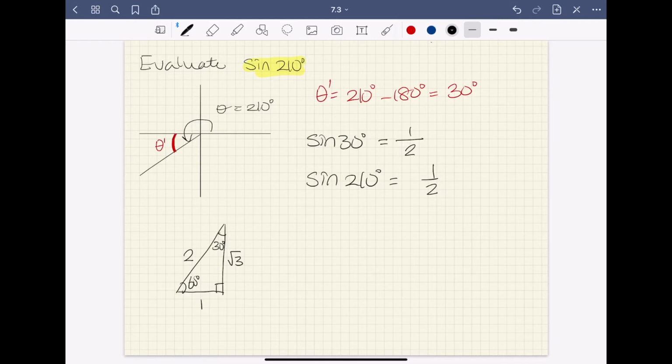Because we know that sine 30 degrees is positive, but sine 210 degrees, because it's in the third quadrant, ASTC, because it's in the third quadrant, the sign is negative. So instead of a half, sine 210 degrees will equal negative a half.